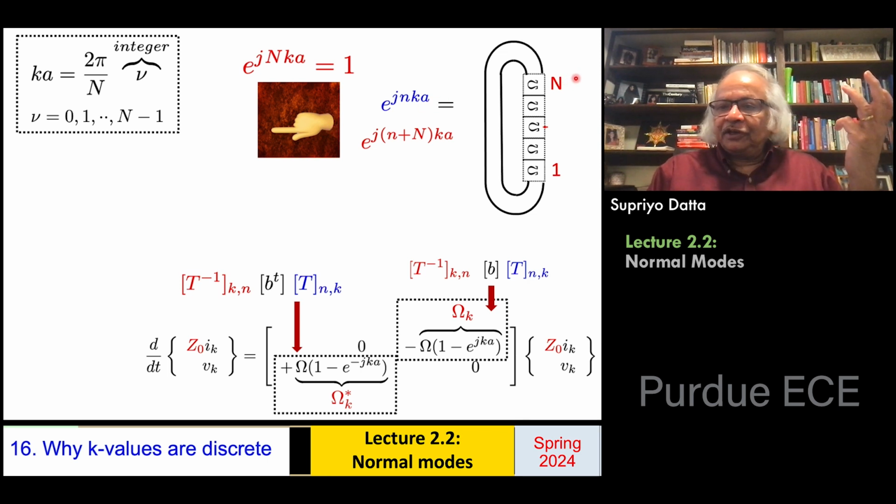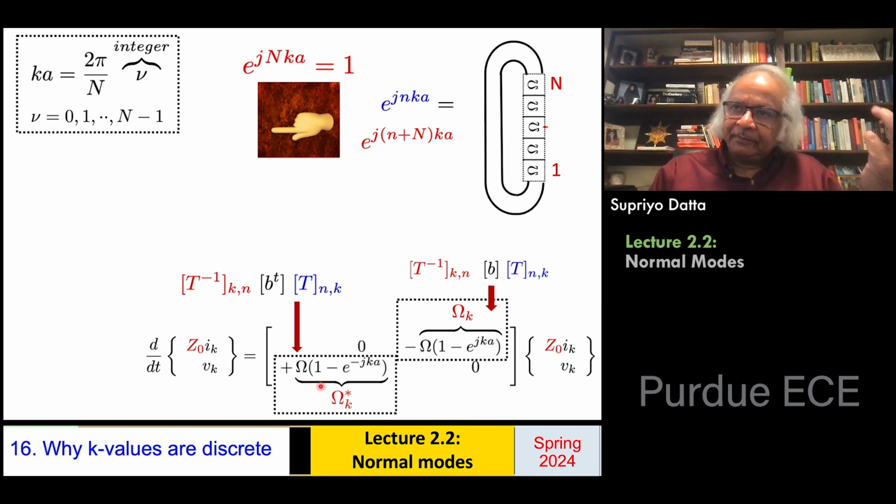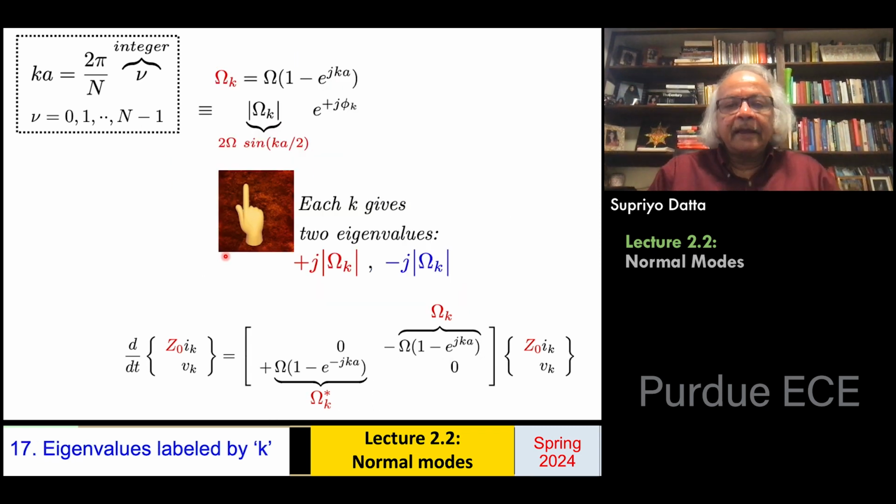So you originally had capital N voltages and capital N currents. After transformation, you still have capital N of them, but now they are labeled according to the values of K. And of course, the nice thing now is that these are all diagonal matrices, and so the kth oscillator is completely independent.